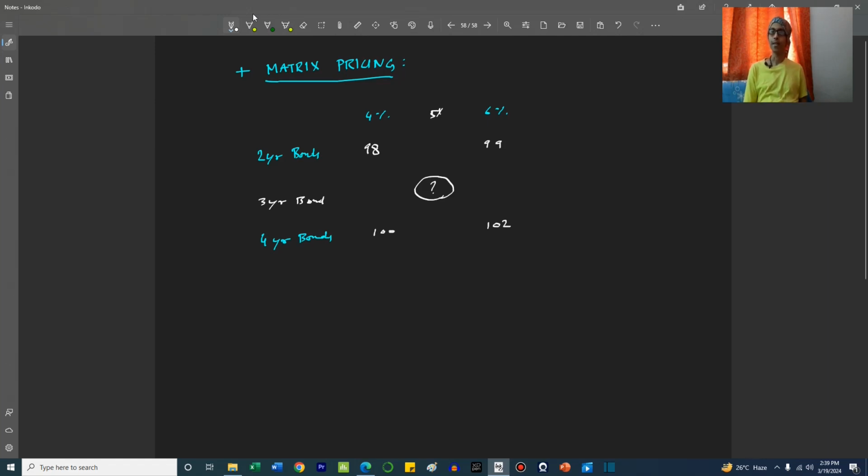We do it stepwise. Step 1: average yields. Now we find out the yields of this bond and this bond and take their average. How do we do that? Easy.